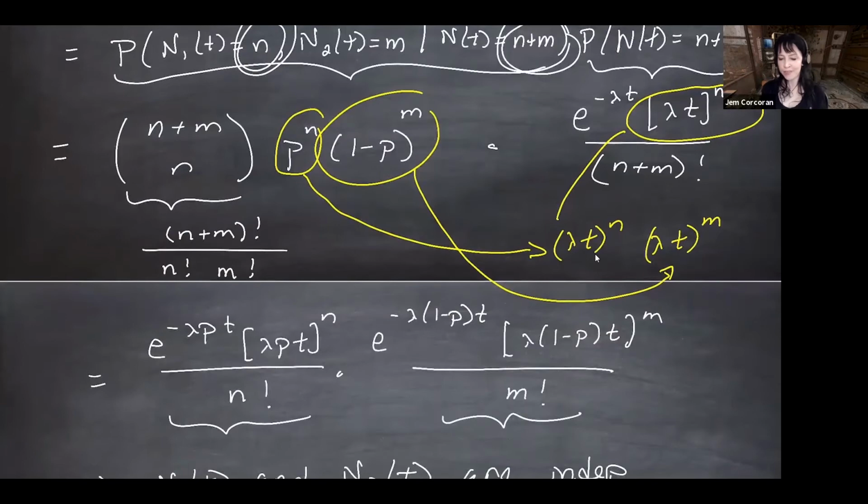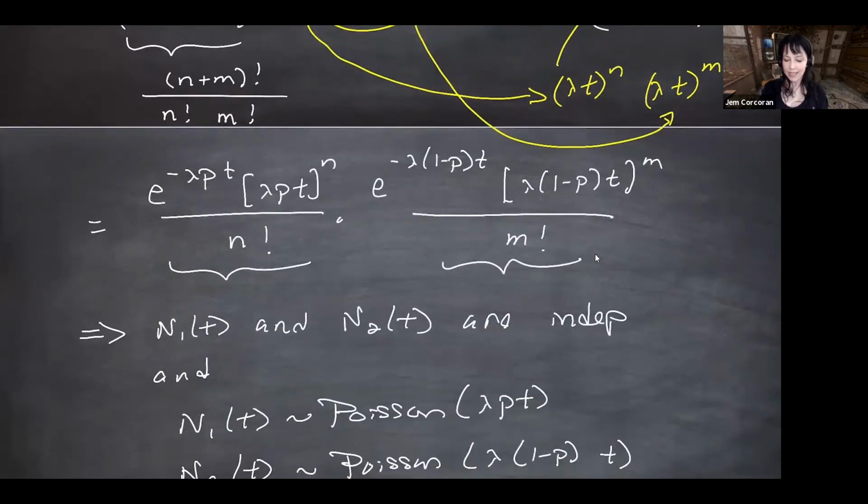That is the only sort of artificial thing I did. I took a p to the n and combined it with a lambda t to the n, and those things are obvious. Because I didn't do the intermediate step, the result, if you combine everything up there, is this product and then an e to the minus lambda t.